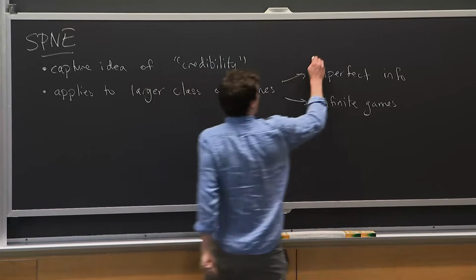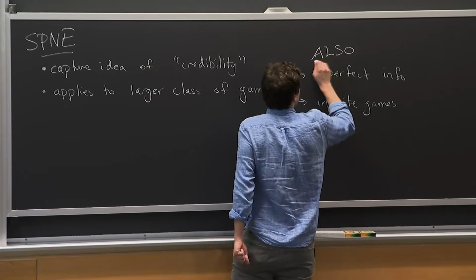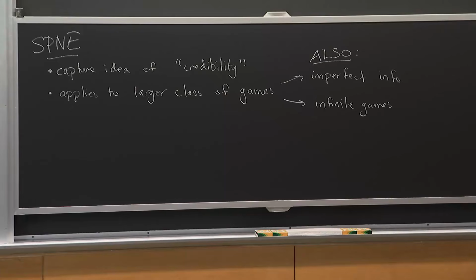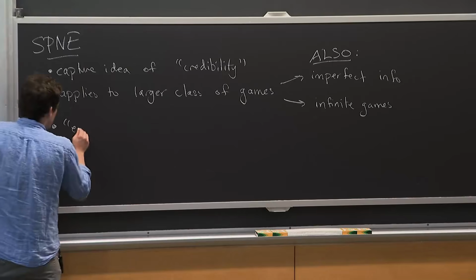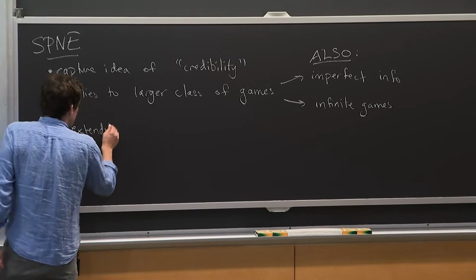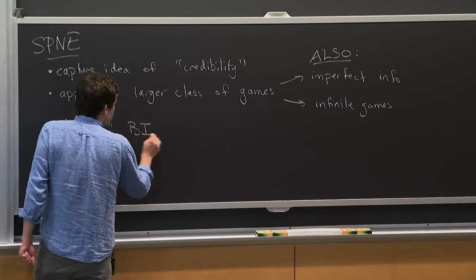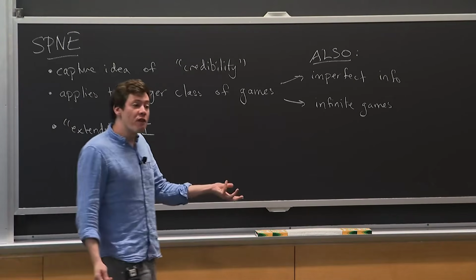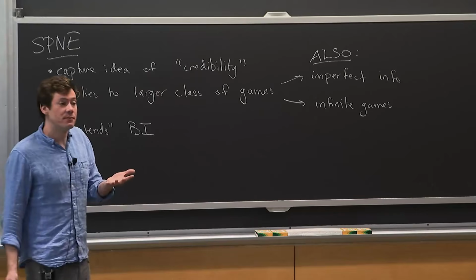So maybe I'll say also. Of course, it also applies wherever backward induction applies. And maybe a last thing I'll say is it extends backward induction. What do I mean by that? Whenever backward induction does apply, subgame-perfect Nash equilibrium will give us the same answer.